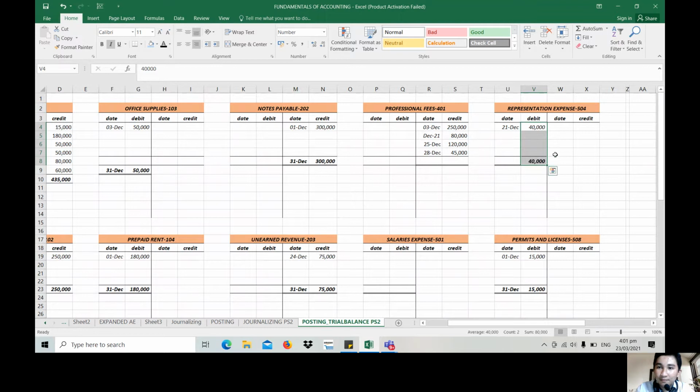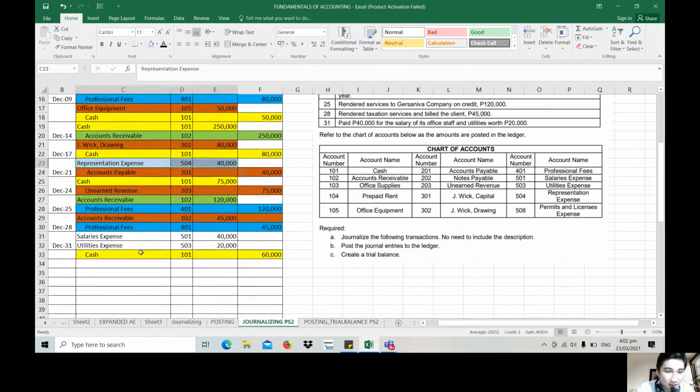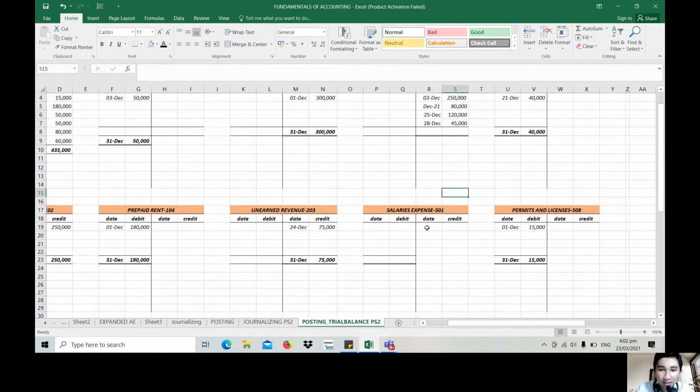Okay. Huwag kaligtaan yung end date niya. Ayan. Next. Ito, dalawa na lang. Salaries and utilities expense. That's December 31, 40, and 20. So, salaries, December 31, 40. Okay.